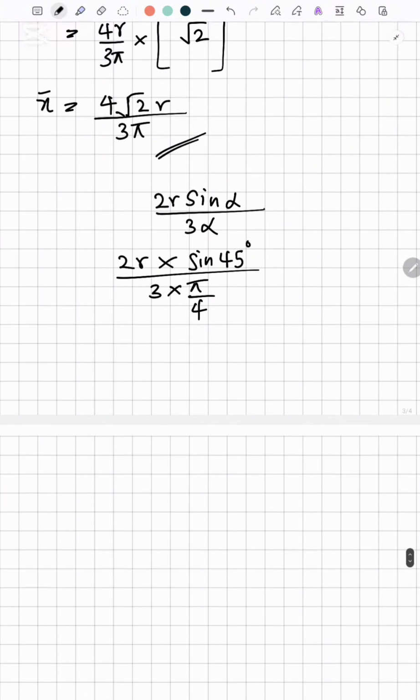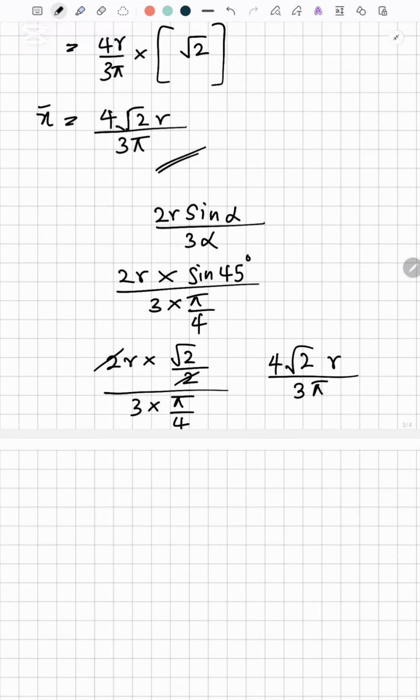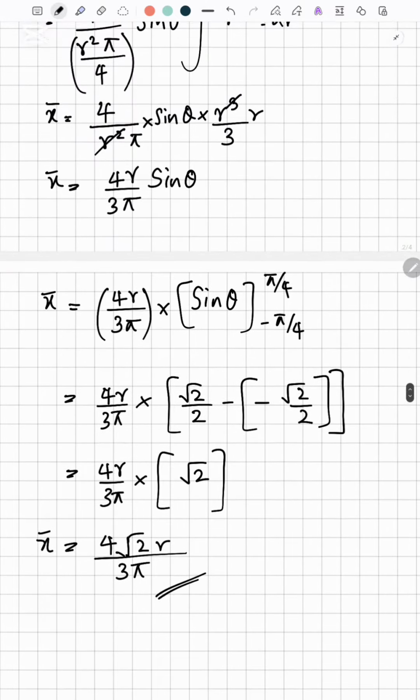Sine 45 is root 2 over 2. So root 2 over 2 into 3 into pi over 4. You can cancel off 2 and 4 comes up. It's going to be 4 root 2 r over 3 pi, right? Same exact thing. So therefore, the answer I got is correct. So this is how you do it using integration.